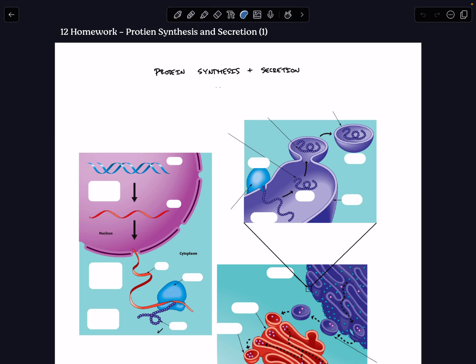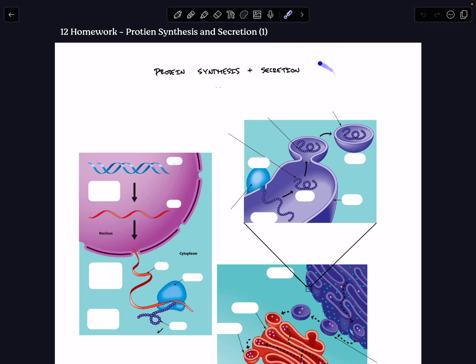So this might be a bit of a bold statement to say, but I would think that understanding protein synthesis, how proteins are made, and then how they're exported out of cells is one of the most important discoveries of the 20th century and has created the field of genetics and biotechnology.